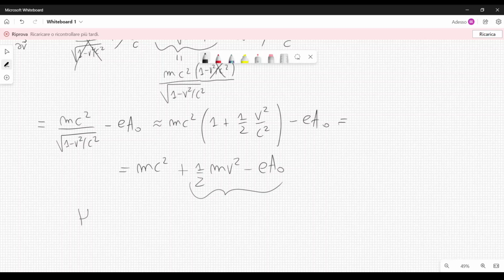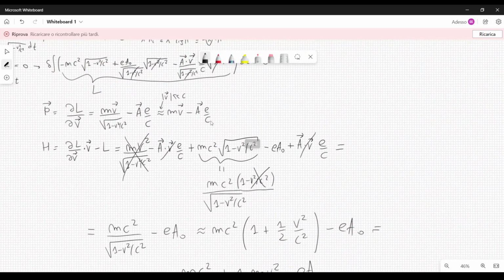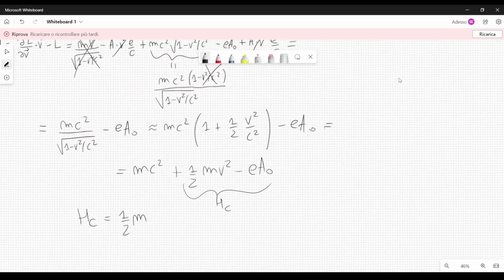So let me write it as Hc, the classical non-relativistic Hamiltonian, is simply equal to 1/2 the mass of the electron times v squared. So I can also rewrite v squared in a different manner from this expression here, because I have related the velocity and momentum.